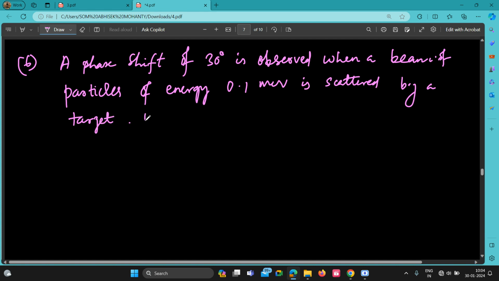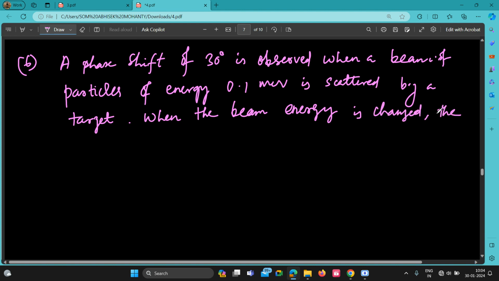Okay. When the beam energy is changed, the observed phase shift is 60 degree.